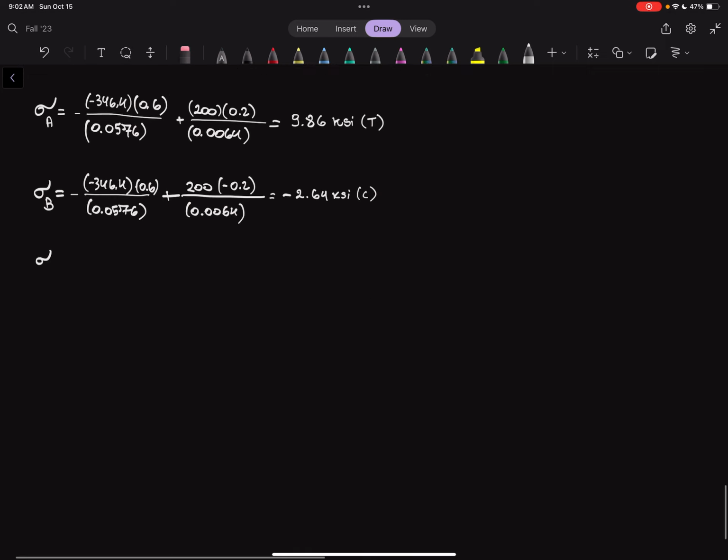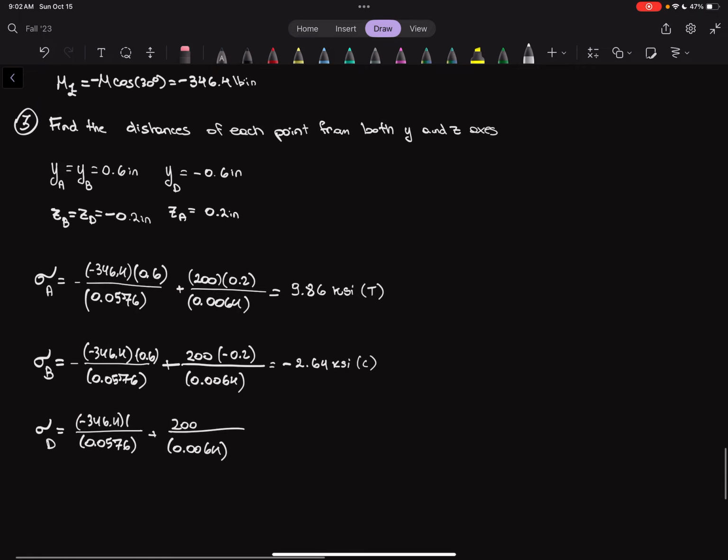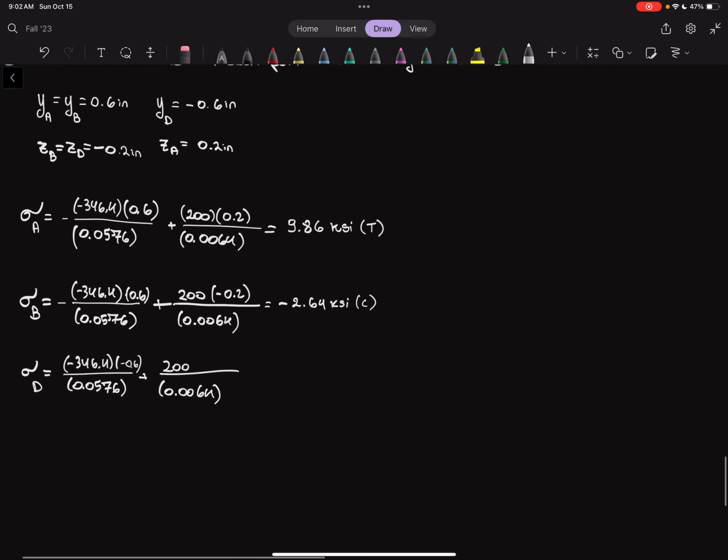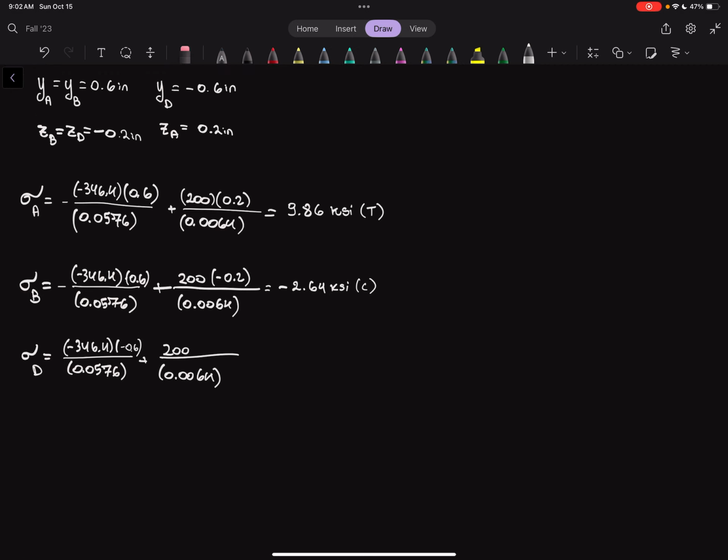And then finally, we do the same thing for point D. Again, the moments are not going to change. It's only the position that changes. Well, what's the position y? It's negative 0.6, and the z for D is negative 0.2.